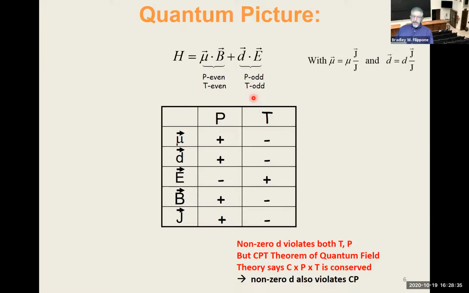You throw in the quantum field theory prediction or assumption that the product of the three discrete symmetries, charge conjugation, parity, and time reversal, is conserved. Then if time reversal is not conserved, CP is also violated.